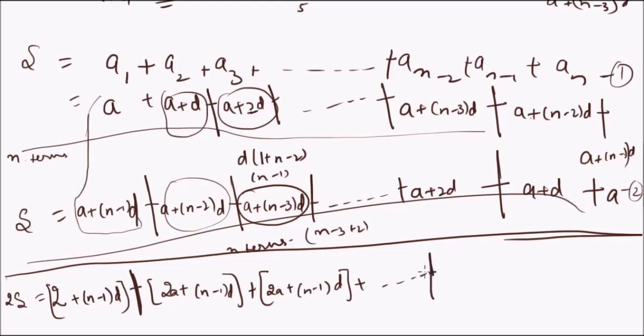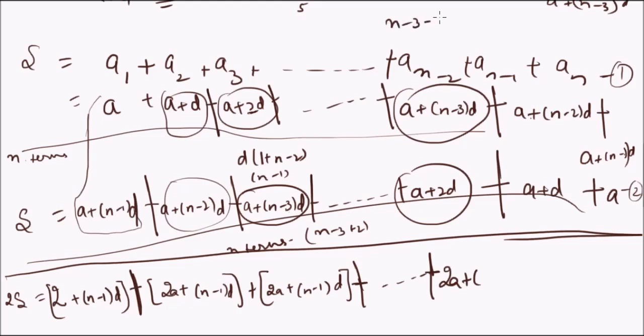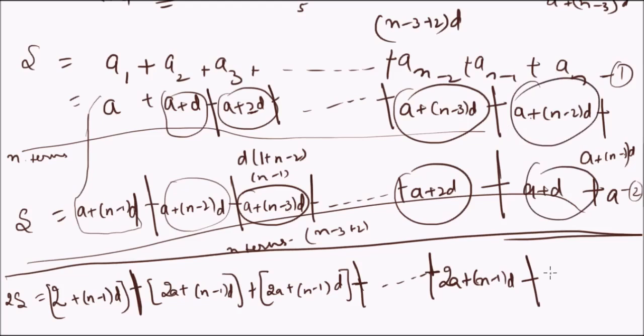Similarly, over here it is 2A plus N minus 3 plus 2 into D, that is again, if we take D as common, N minus 1 into D. In this term also 2A for the first part, and if we take D common, because the terms including D are D plus N minus 2 into D, we will get 1 plus N minus 2, which is again N minus 1 into D. Similarly, for the last term, we will get 2A plus N minus 1D.